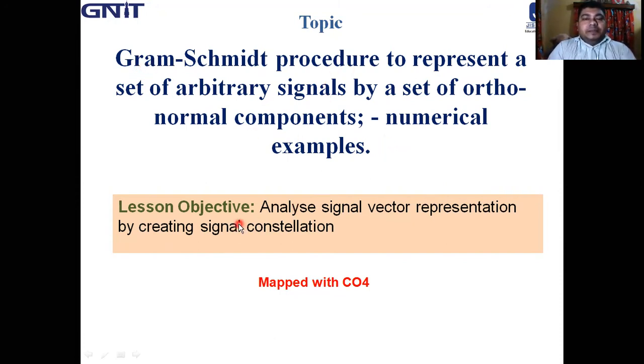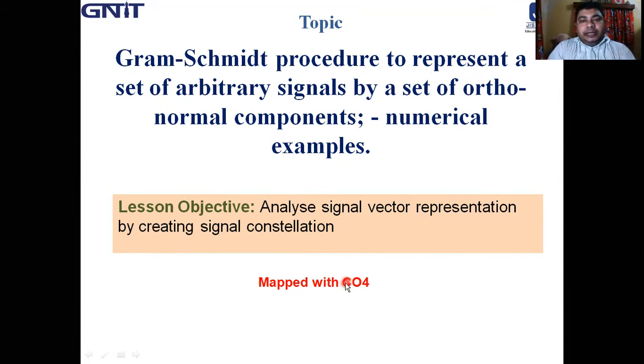And the lesson objective of this topic is to analyze signal vector representation by creating signal constellation. And this topic is mapped with CO number 4.